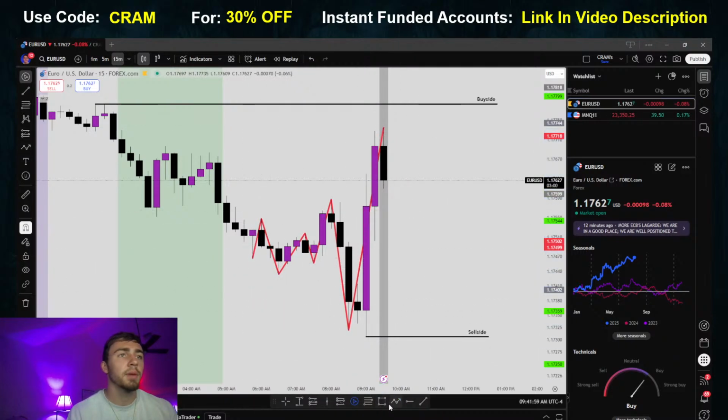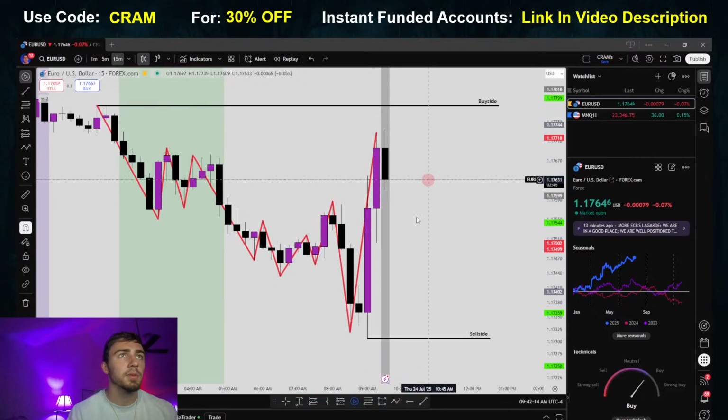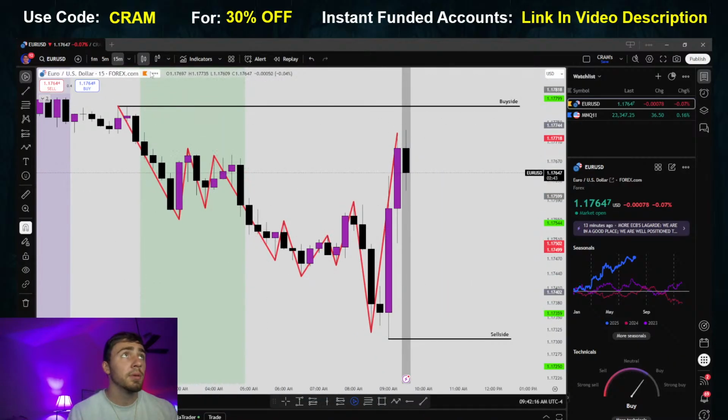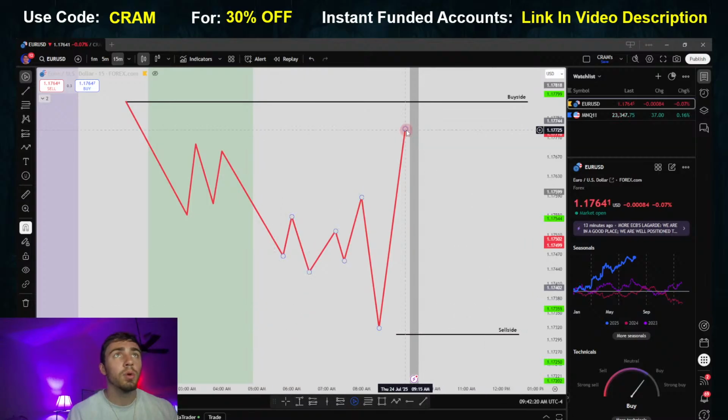And then we can go really far back, like right here, and this is kind of the context, the structure. It's objective market structure instead of subjective, and we just draw it on wick to wick like this, and it really helps us identify it without having to read the candles. It literally tells us this is market structure right now. Now that 9:30 is open, we're looking for a swing point that has not been taken.